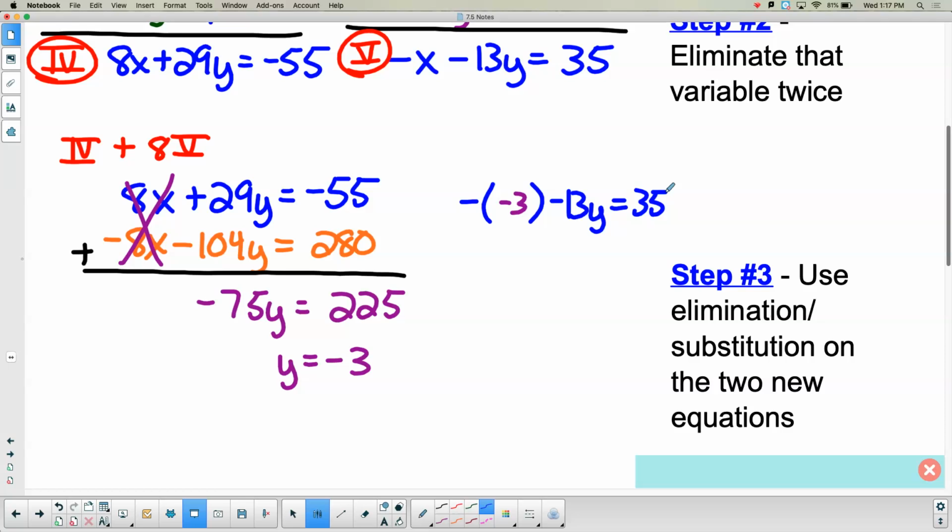We found y, that's why I put it in for x. That's what's not right. Something just wasn't stirring the Kool-Aid.